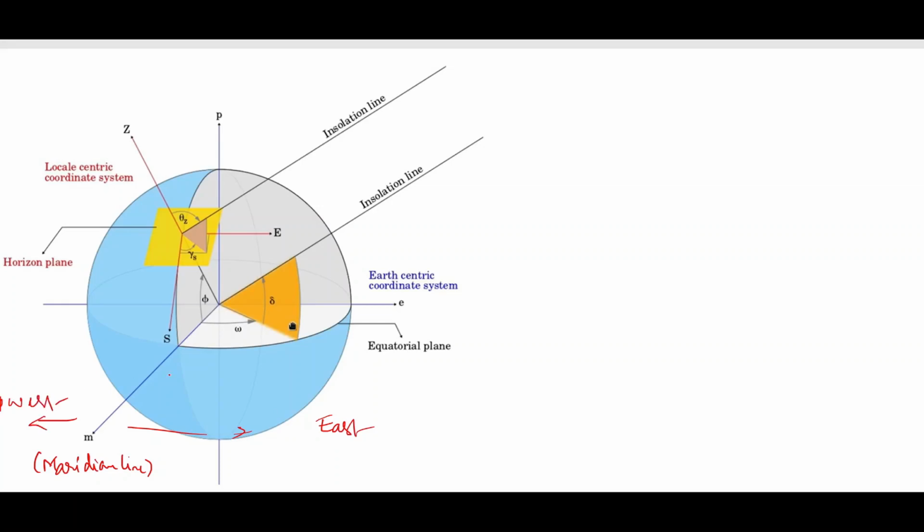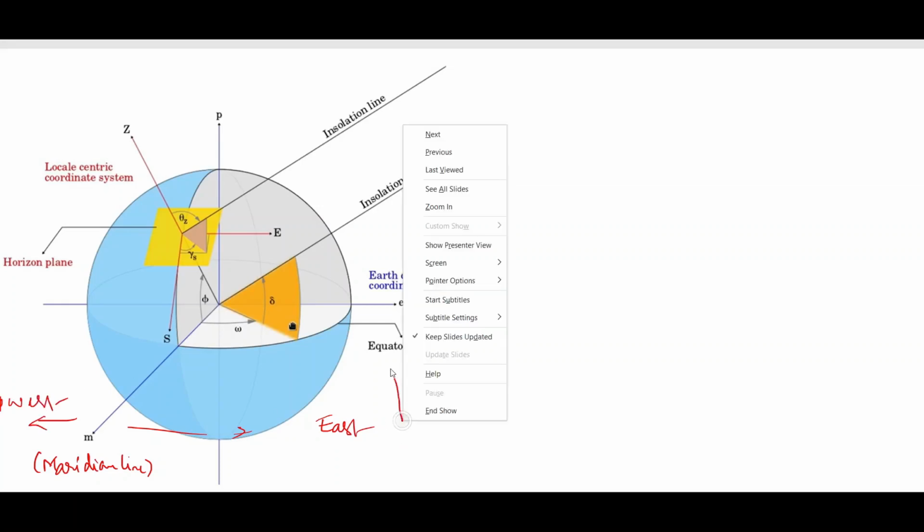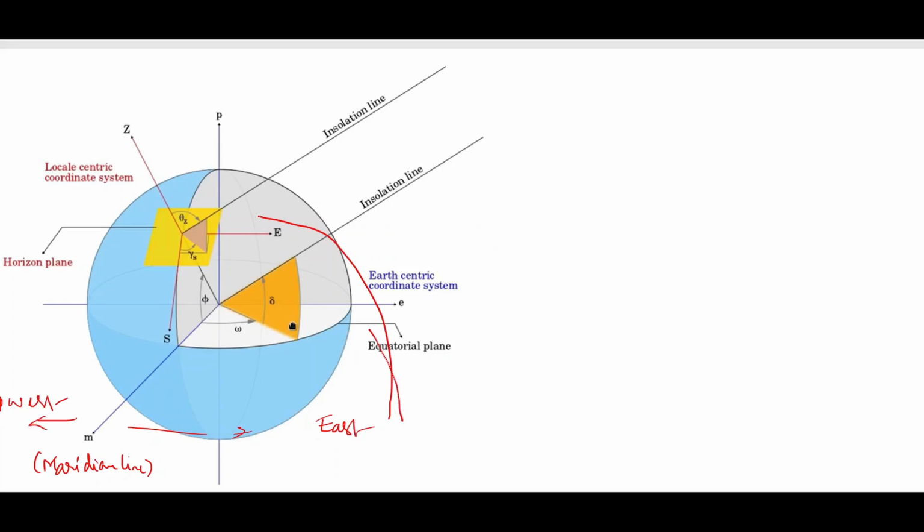The sun rises in the east and the insolation will increase as the sun reaches noon, and it will fall as the time of day moves from noon to evening. So this meridian line shows the noon, and to the right of this meridian line our angle omega is positive, and to the left it is negative, because the insolation is increasing to the right of the meridian line, and it is falling to the left.